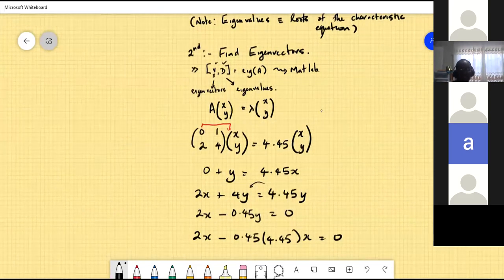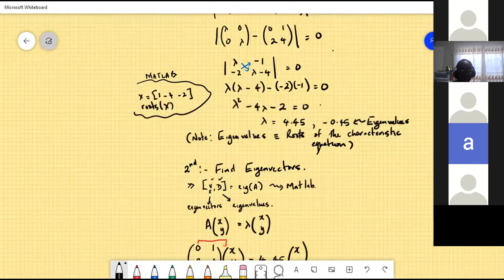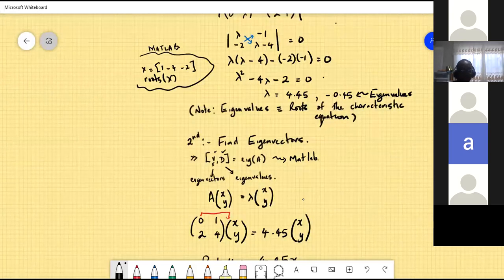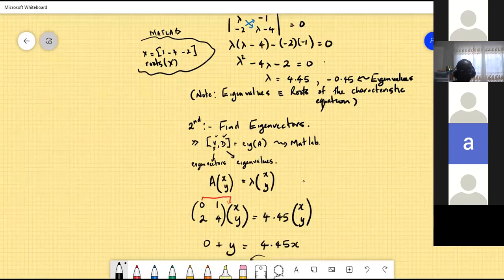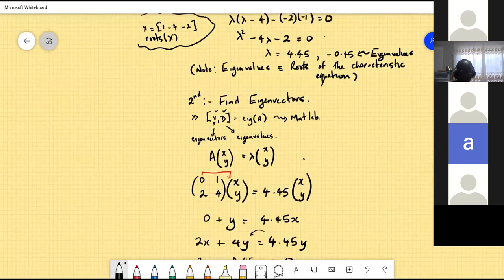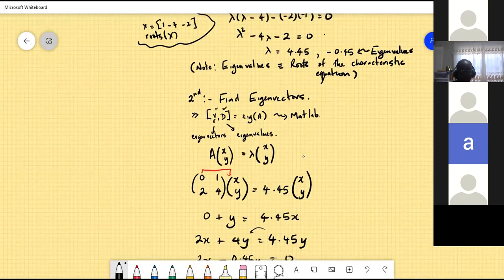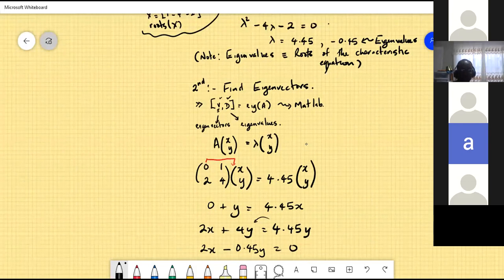Usually it's supposed to work out with 0, 1, 2, 4. 4.45x. 2x, 4y.